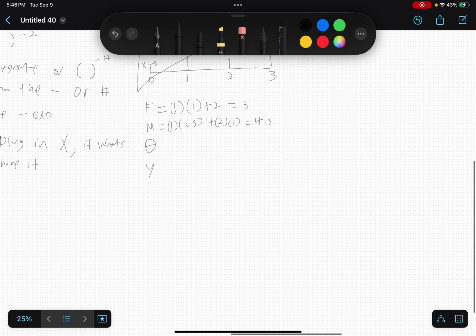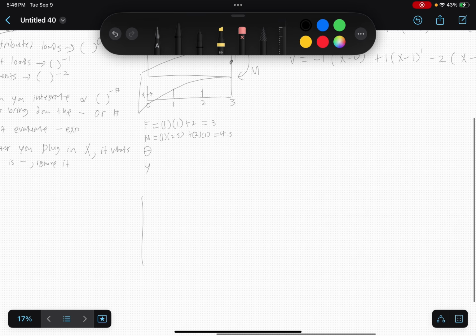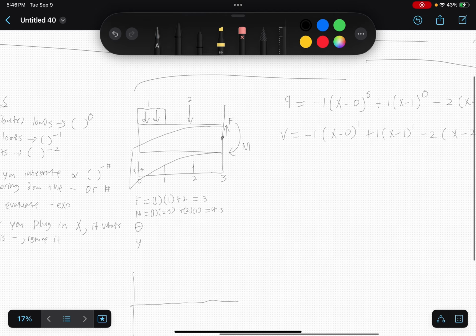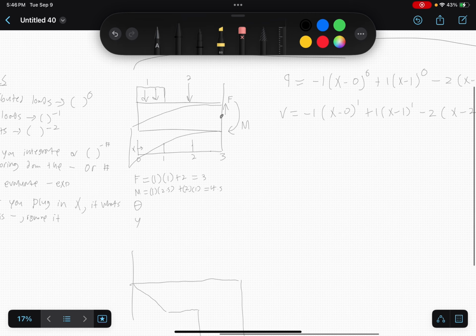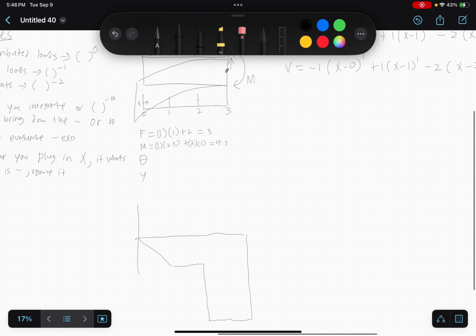And it would go down because it's a distributed load. It would go across, it would jump down, go across, and then go all the way back up. Yep.